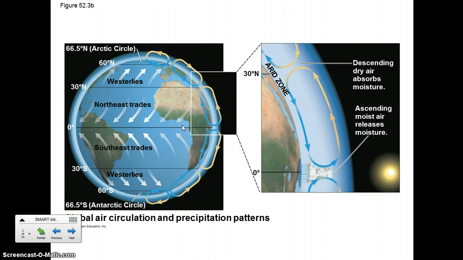I don't know if you talk about this in history class, but you've got this converging air at the equator that moves from the east to the west, and these are known as the trade winds, because those are the winds that sailors would use to cross the Atlantic back in the day.